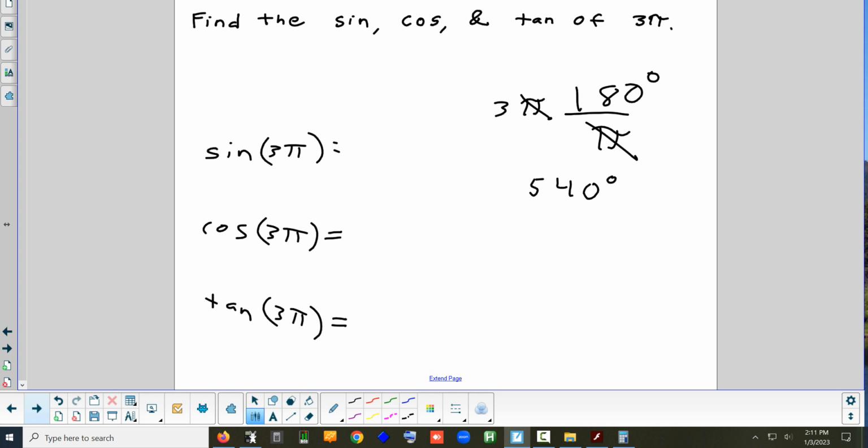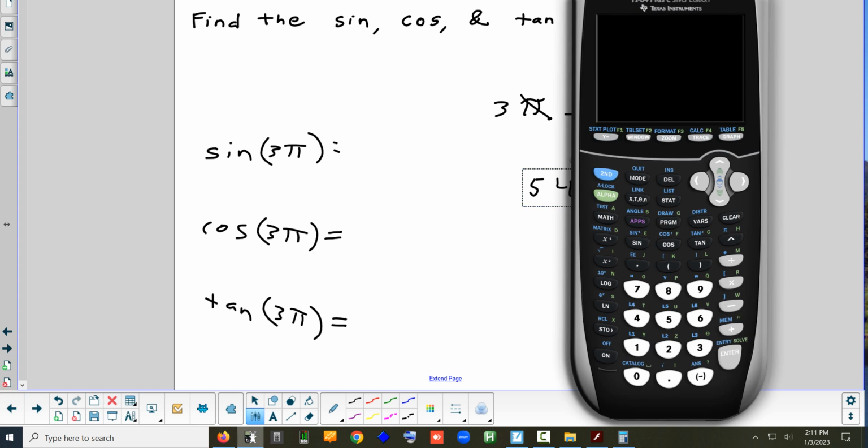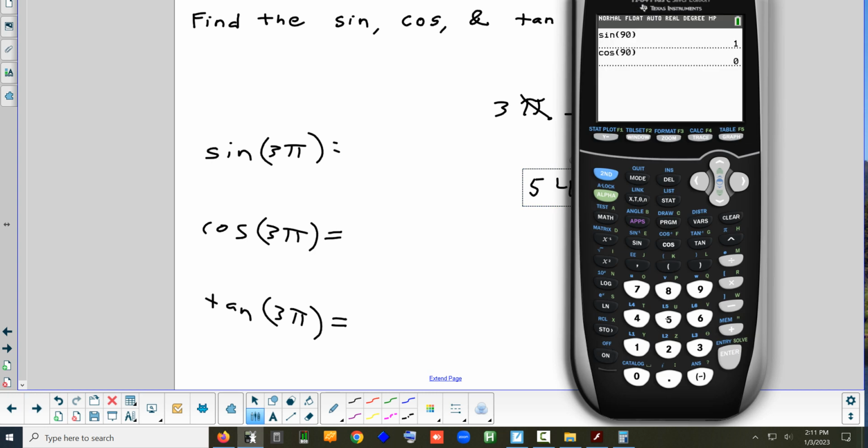Okay, so that's better. But now we're thinking about an angle that's 540 degrees. But to me, that's still kind of a hard number to work with. What could I do to this number to make it more manageable in my head? Just take away 360 from it. So 540, take away 360.